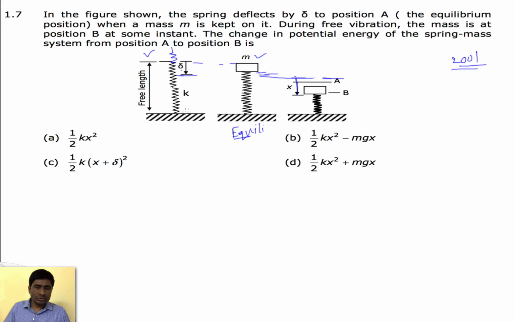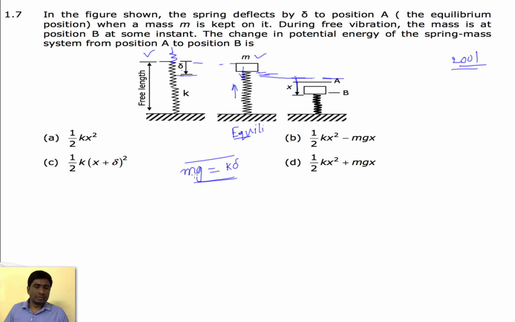So the force produced in the spring should be equal to mg. So mg is acting in this direction and the spring force is acting in this direction. mg equals k into delta.